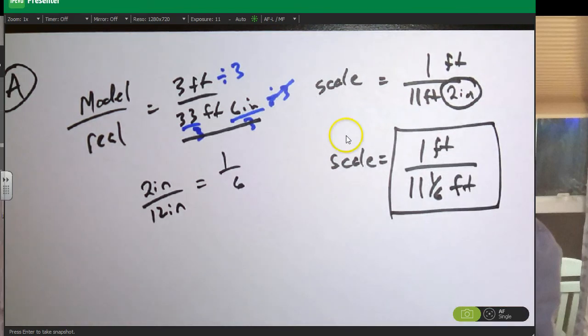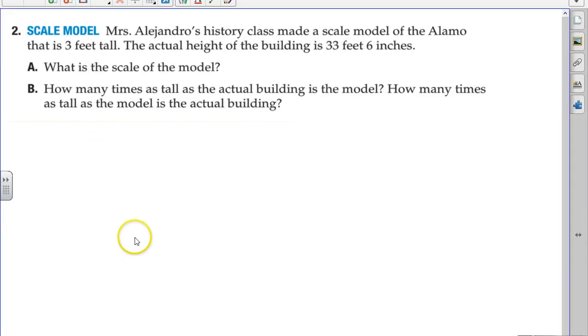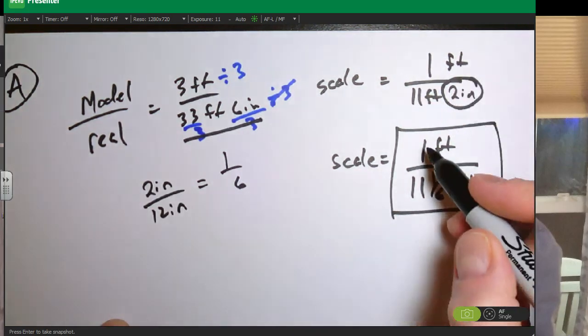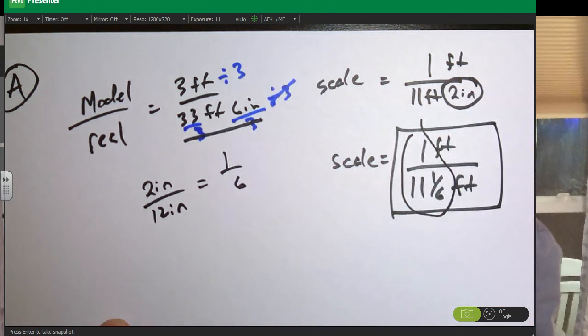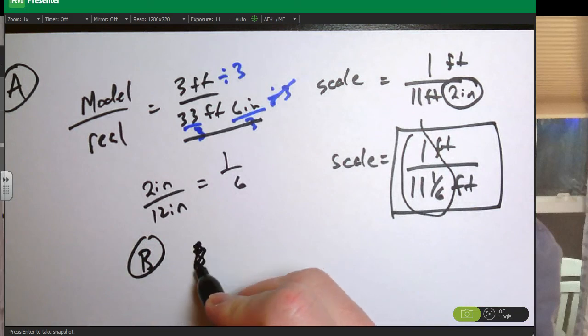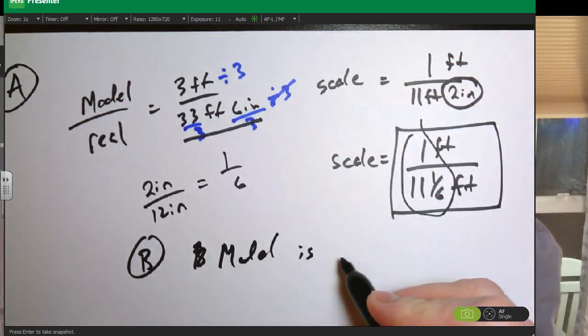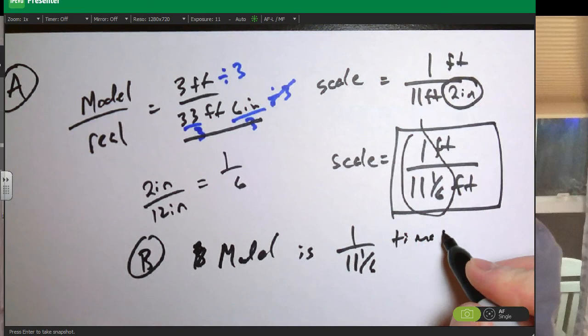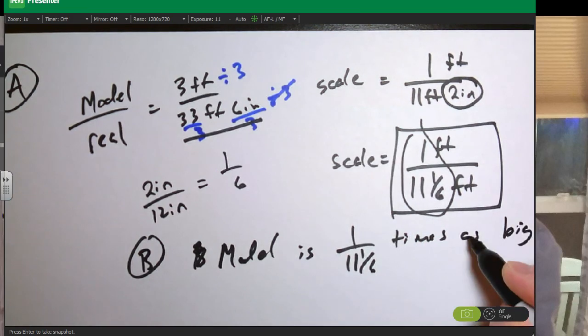Part B then asks us, how many times as tall as the actual building is the model? Well, we've already figured that out. That's the scale. If I wanted to know how tall it is, what I would do is take the building and multiply it by this. The model is 1 to 11 and 1/6 times as big, which seems weird because it means it's smaller.